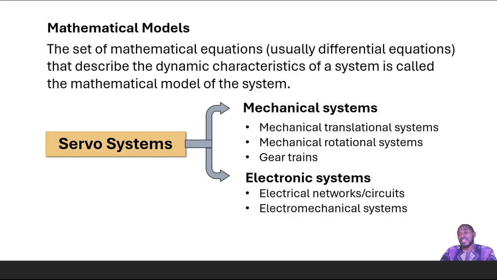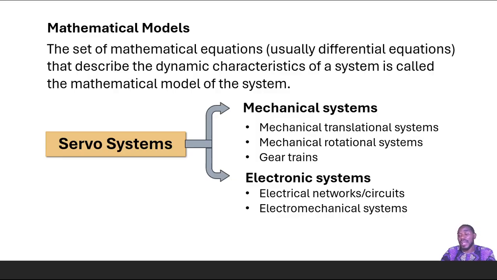So for mechanical systems, we'll look at mechanical translational systems, systems that produce translational motion. All right, motion in which rigid bodies, rigid parts move from one place to another in such a way that the orientation of the particles of that rigid body at the beginning of the motion is the same as at the end.